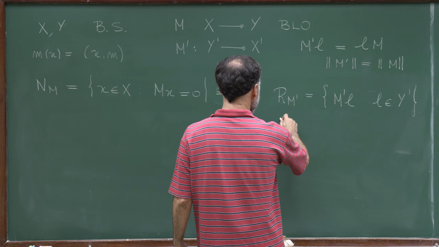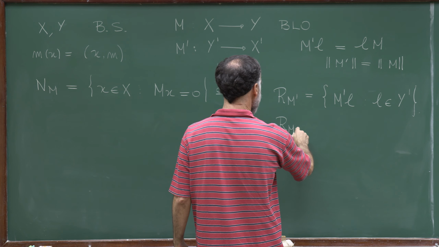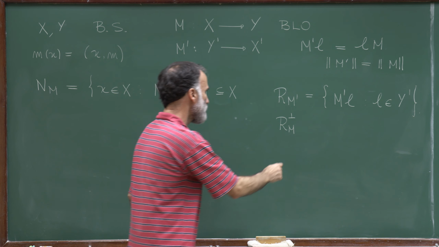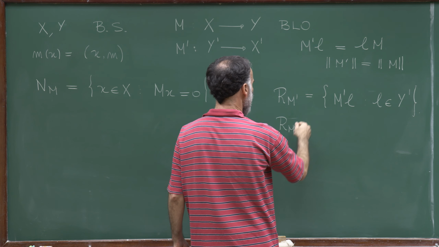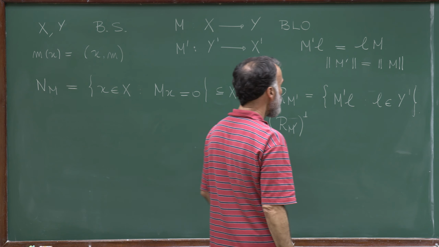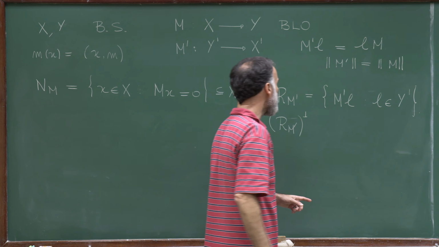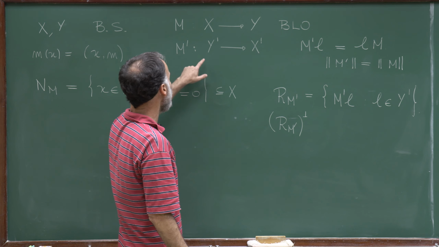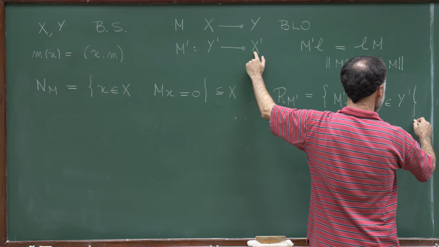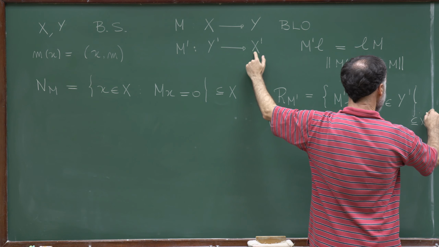And for that, I will now take the orthogonal of that. So I'm taking the range and the orthogonal of the range. Note that since L is in Y prime, M prime L is in X prime, so this is a linear subspace of X prime.